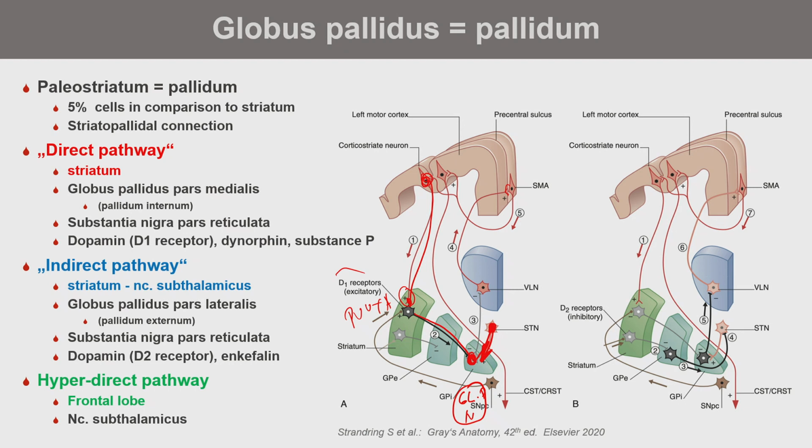And then the globus pallidus, the medial part, has important inhibitory connection to ventrolateral nucleus of a thalamus, and then the decreased activity is controlling the connection to precentral sulcus, the sensory information from thalamus, then stimulating or manipulating with the activity of the neuron.